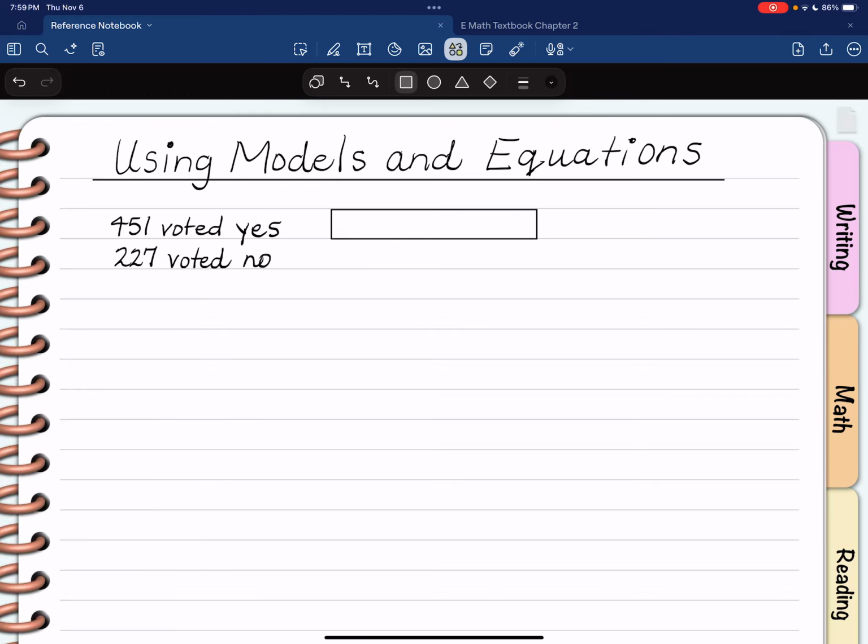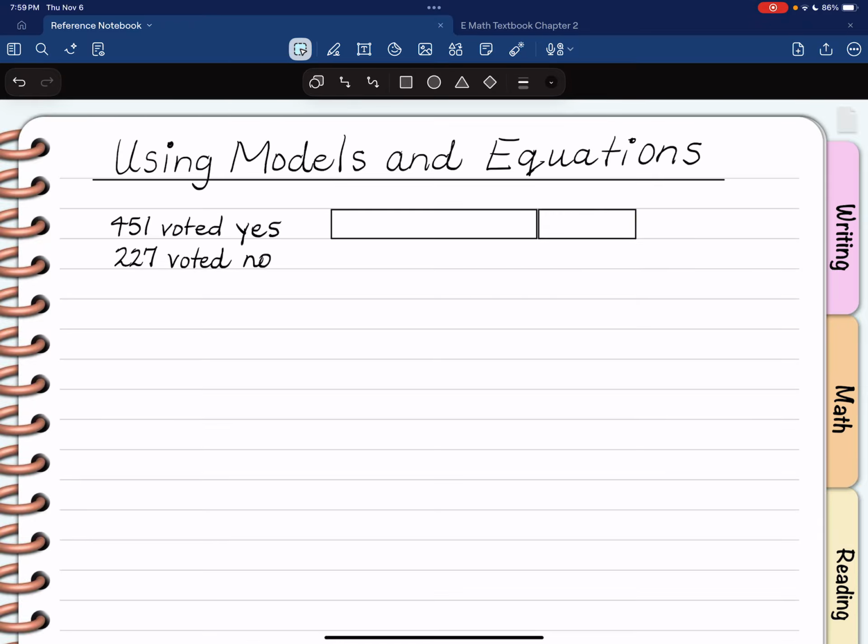So here's a bar. This is going to be my yes group. And then I'm going to make another bar that will be my no group, and I'm going to put it right in here if I can. It doesn't have to be exact, but it should make sense.